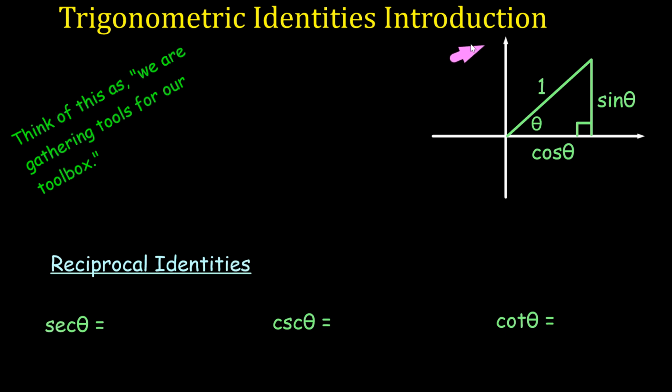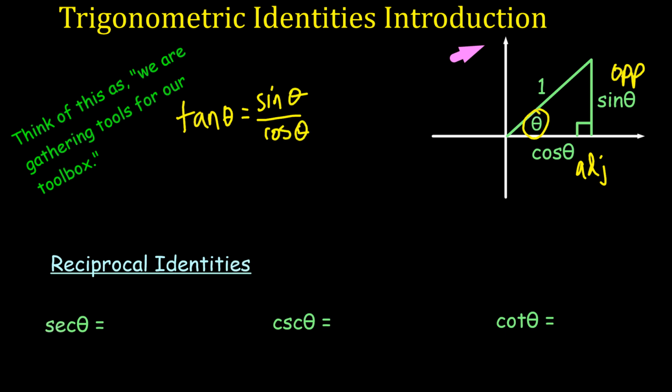The tangent of theta, which is this angle right here, is opposite over adjacent, so it would be sine of theta over cosine of theta. So that's your first trig identity: tangent is sine over cosine. That's one of the tools we're going to need in our toolbox.